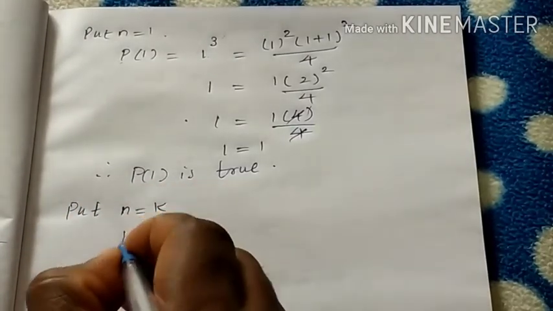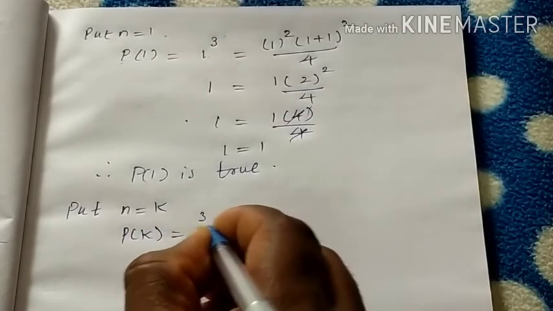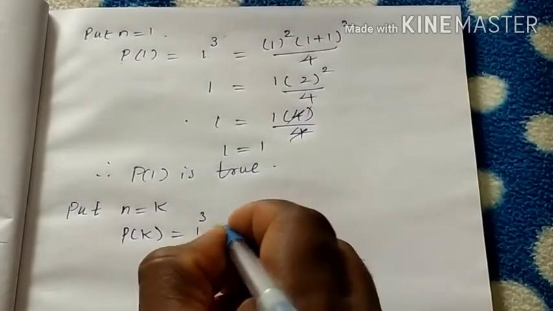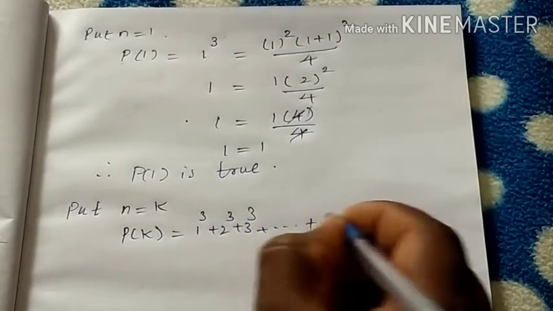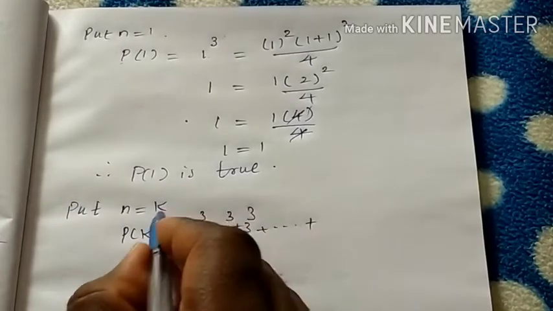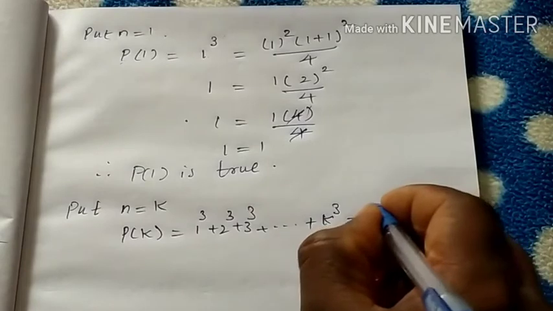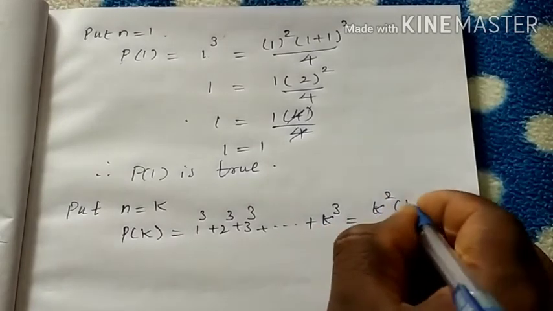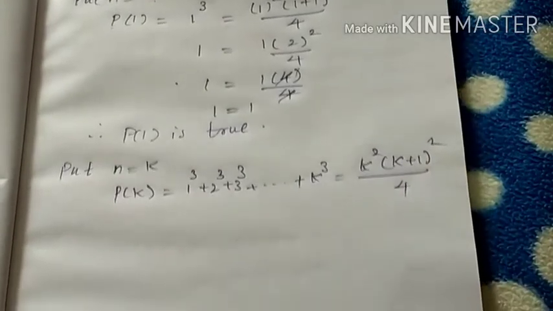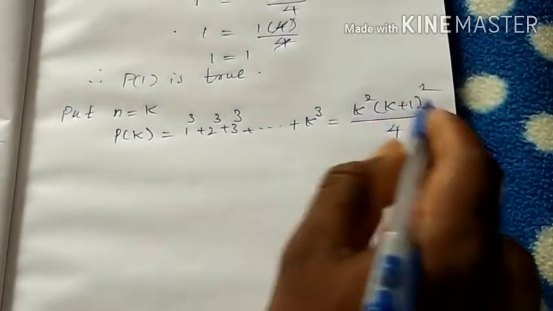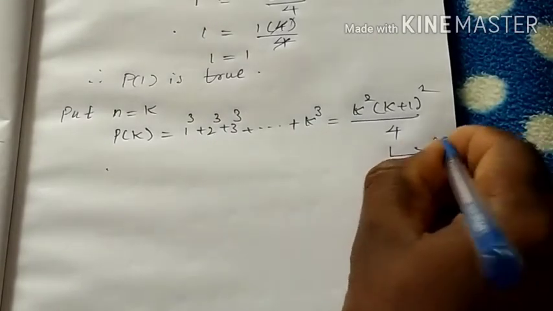So P of k equals 1 cube plus 2 cube plus 3 cube plus and so on plus k cube, equal to k squared into (k plus 1) the whole squared divided by 4. Now all the n are replaced by k.